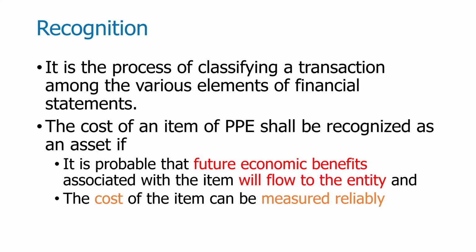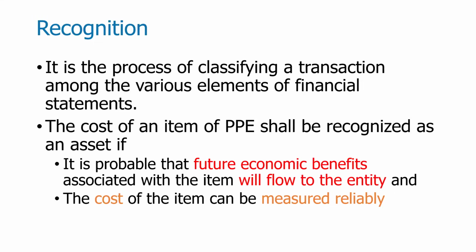One, if it is probable that future economic benefits associated with the item will flow to the entity. By future economic benefits, what do I mean? You should receive reward from the use of the asset. The entity that wants to recognize an item as PPE on its financial statement should receive reward from the use of the asset.